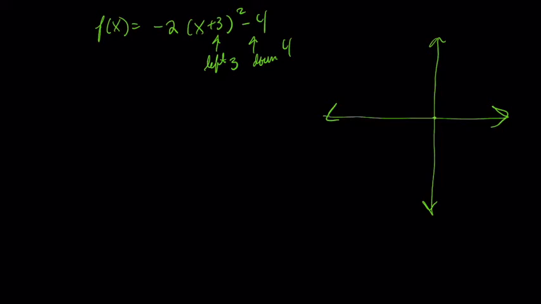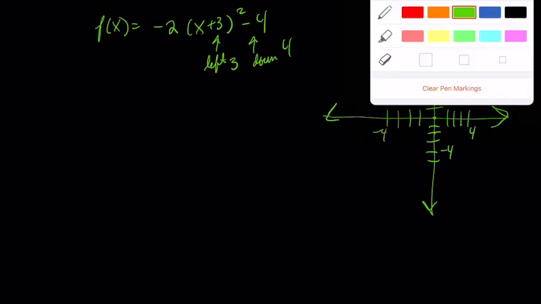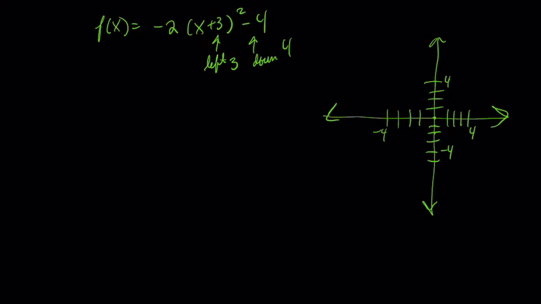That's going to take my original parabola whose vertex was 0, 0, and it's going to go down 4. Should probably go ahead and label this beautiful coordinate plane and draw this in a different color. So I go down 4 over 3. So here's my new vertex. And I know something else. I know that my parabola opens down.